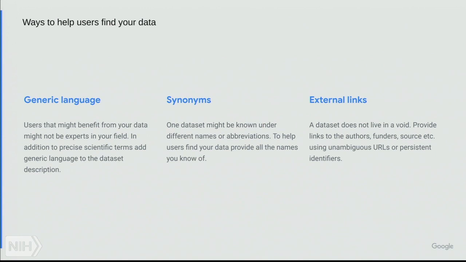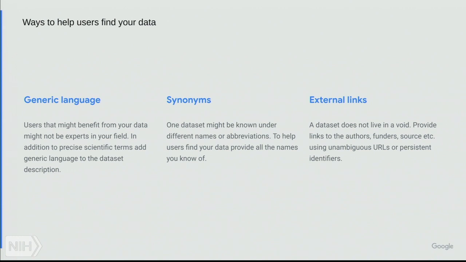It's this conundrum of if someone is an expert in your particular field, they probably know about your resource. But your resource might be very beneficial to people from other fields, especially now with the application of ML and data science. So providing a more generic description that could cross that divide can yield large benefits.